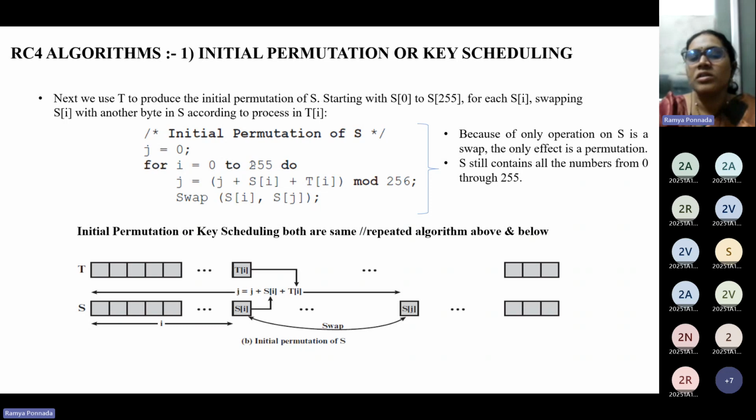Suppose here it is only 8 bytes, then it is going to be mod 8. If it is 4 bytes, then it is going to be mod 4. Like this, the values in the state vector, S of 0 and S of 3, both are going to be swapped with each other.